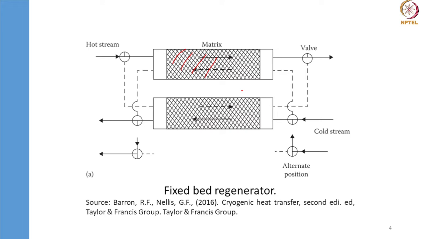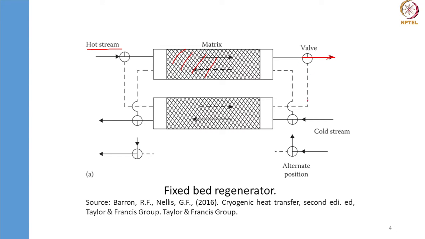So broadly, between 10 to 30 Kelvin, it is lead which is going to be used as the matrix material. So the tube or the flow channel is filled with lead shots depending upon our requirement of pressure drop or the pressure drop that we can accommodate. The diameter of the spheres is also going to be calculated. So the hot stream first flows in this path and heats this matrix material and passes away through this portion.